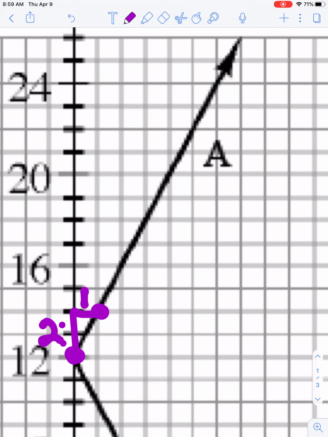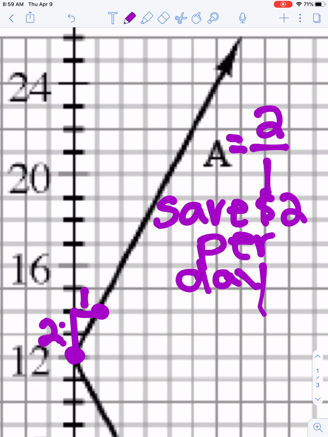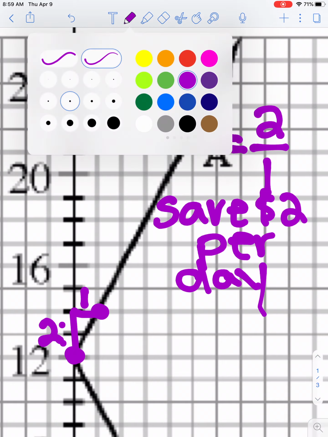So person A has a slope of 2 over 1, which means they save $2 per day. That per day means that's the unit rate, and the slope is 2 over 1. Could I have used any of the other points that I had found? Yes, I should still get the same thing.